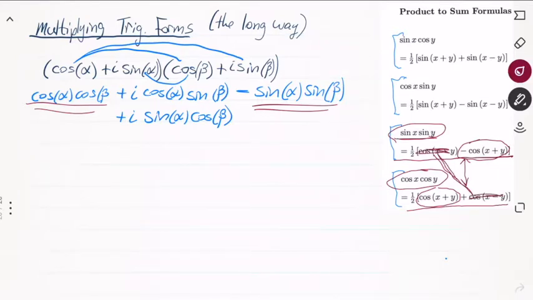So you're going to get 2 cosine of x plus y, and then half of that will bring you back down to cosine of x plus y. So when you add these two together, you're going to get cosine of x plus y.